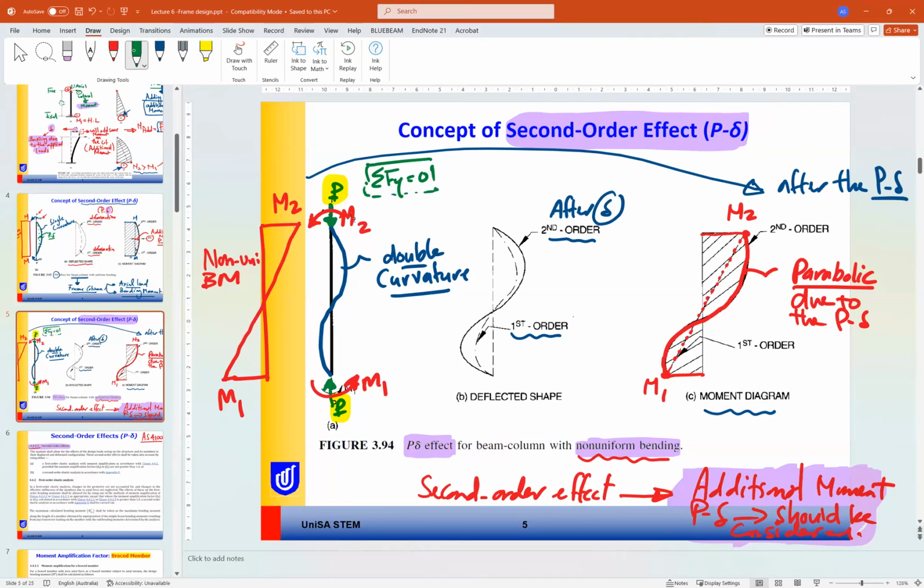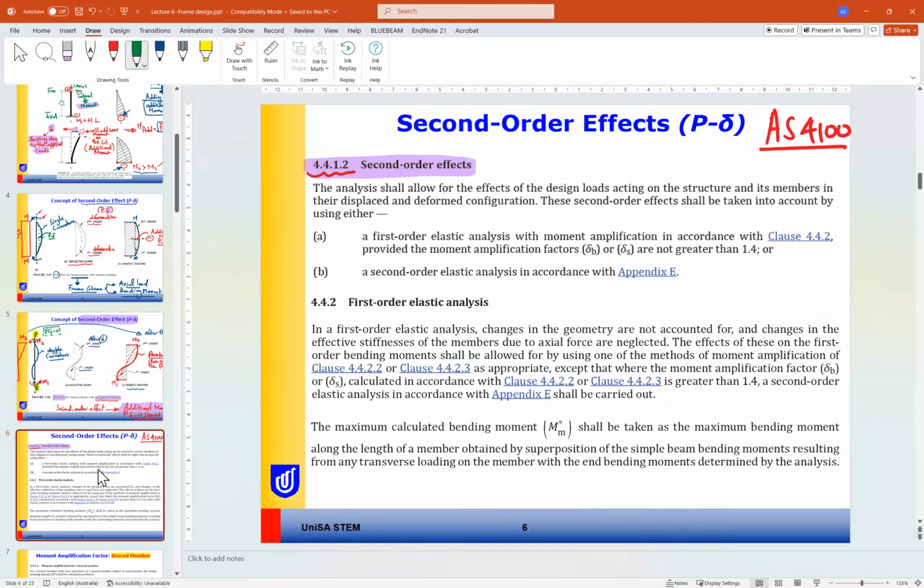So the columns or our members are under equilibrium. So the forces cannot be different. So for the P delta effect, we have one P and one delta. Thank you. So now let's return back to our second order effects.